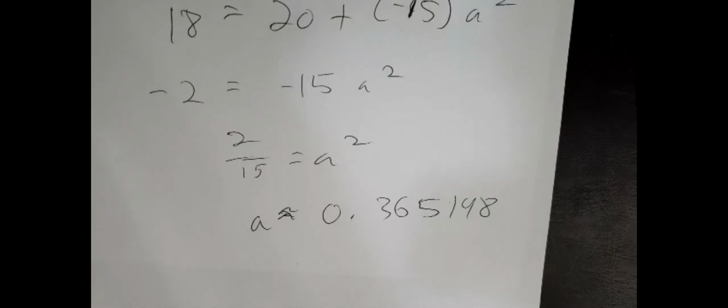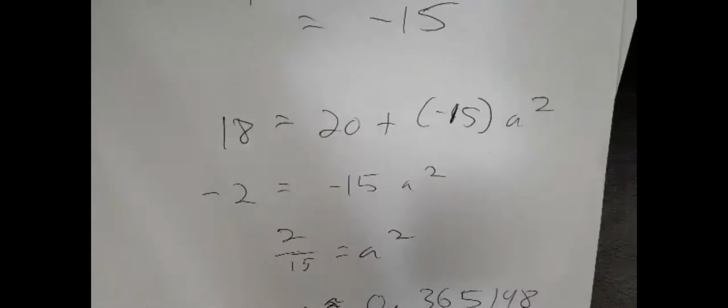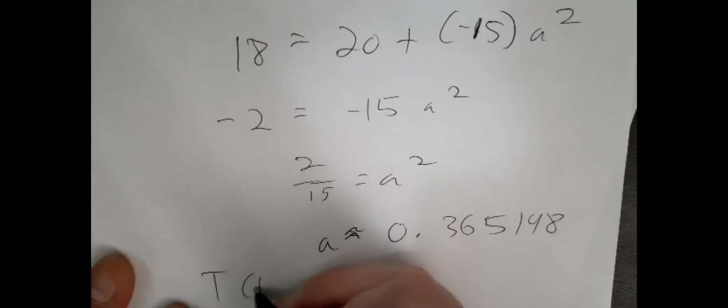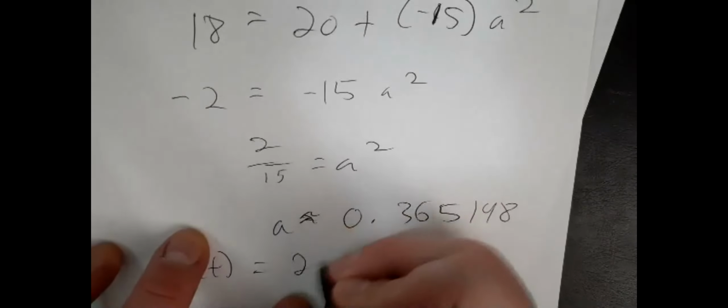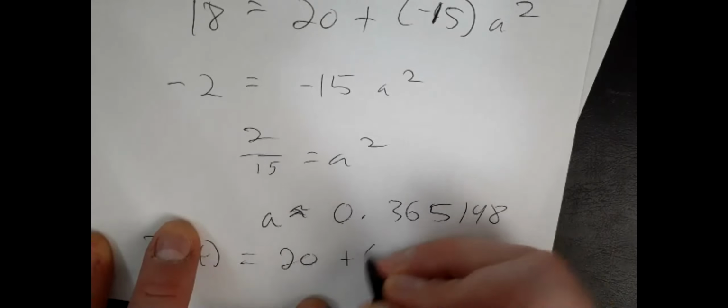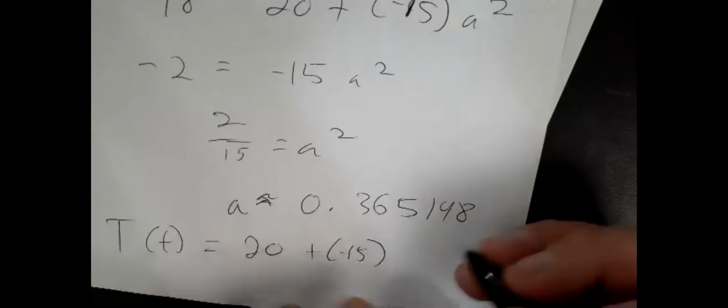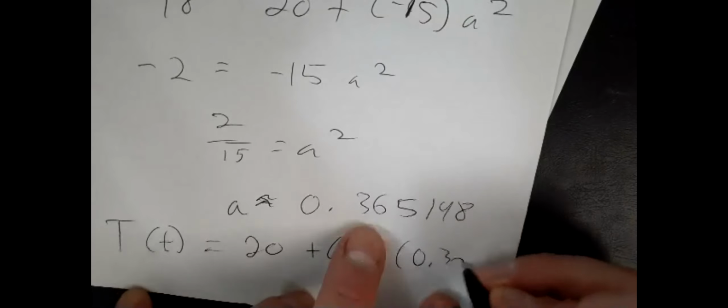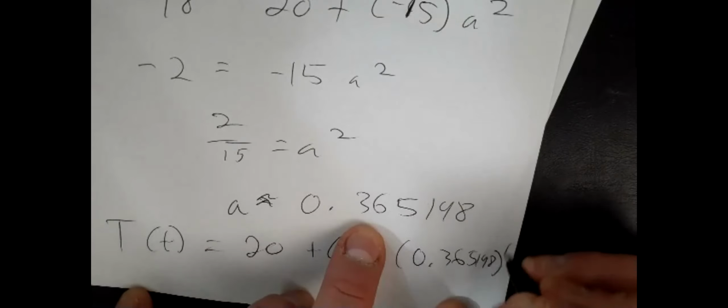We only really want the positive part. This is not a pretty number. So if we want a function, I guess 0.514 to the t.